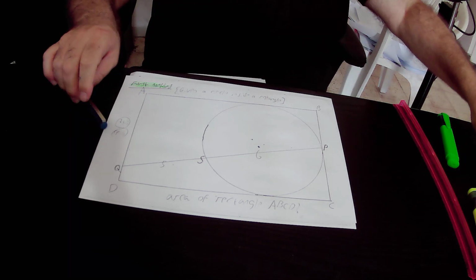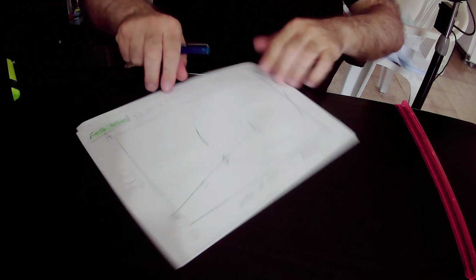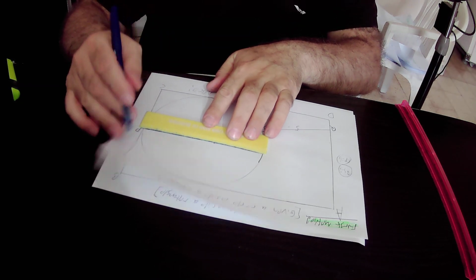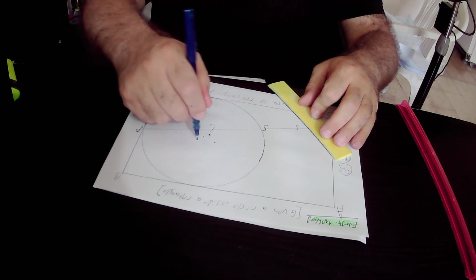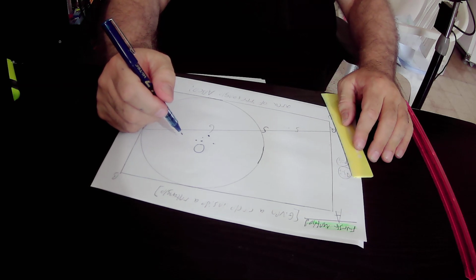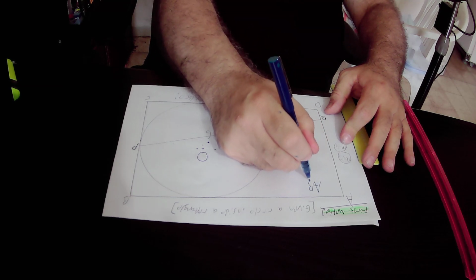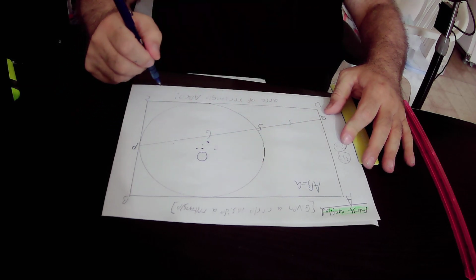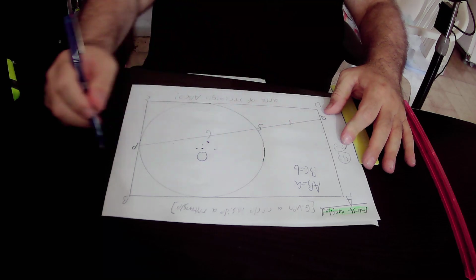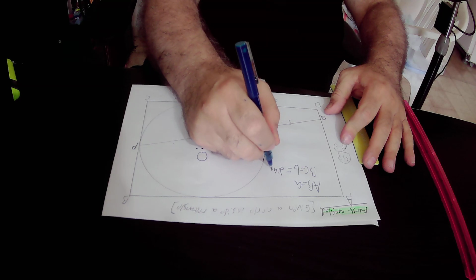So first of all, we will define the center of the circle as O. We will define side AB as A. We define side BC, the width of rectangle ABCD, as B. BC is also the diameter of the circle, so I write it down, it is equal to the diameter of the circle.